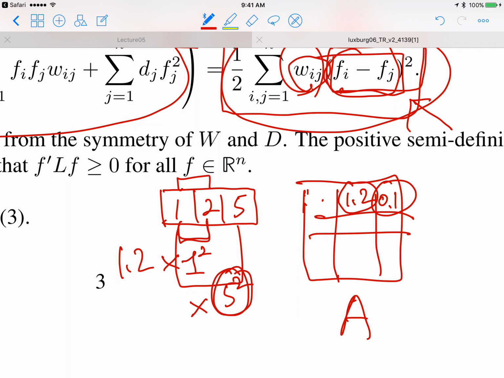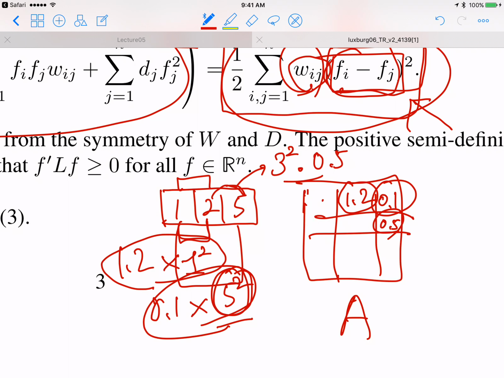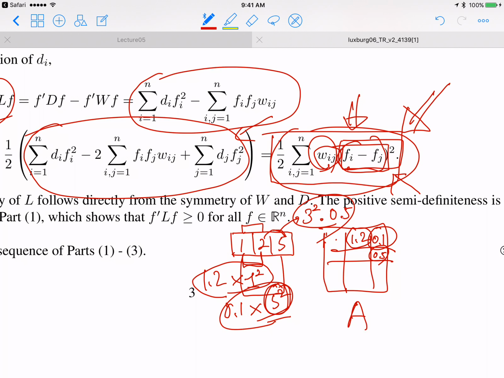It was like 0.1, so we give a weight of 0.1 to this one. And we missed one thing: the difference between the third and the second one was 3, and 3 squared times, suppose this edge was 0.5, we multiplied by 0.5. And we sum these three components all together. So that is the meaning of this.